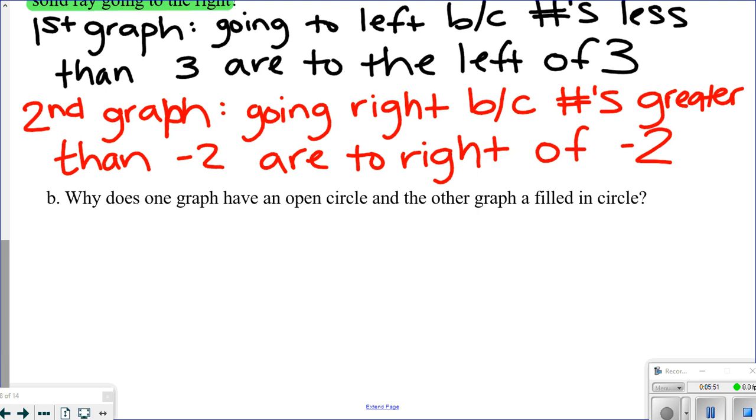So less than, we shaded to the left. Greater than, we shaded to the right.